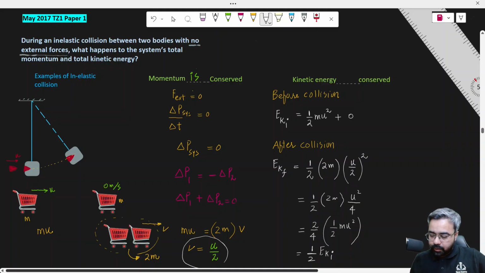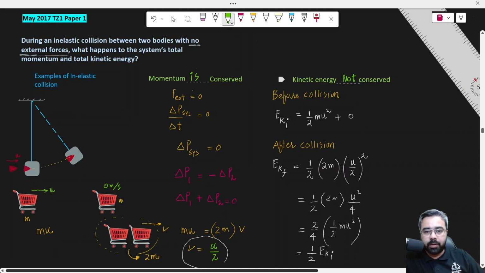And we get an interesting result: 1 over 2 into the initial kinetic energy. So the final kinetic energy is reduced to just one half of the initial kinetic energy, which means it is not conserved during the inelastic collision. Whether it's a car collision or an embedding case in which an object embeds into another object, in all of these scenarios kinetic energy is not conserved, because energy is transformed into other forms like sound or heat.